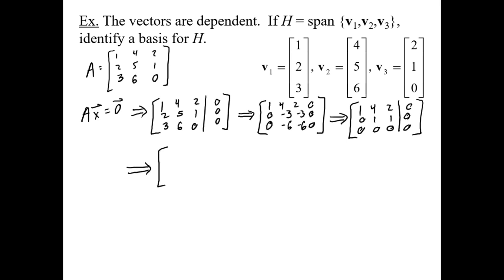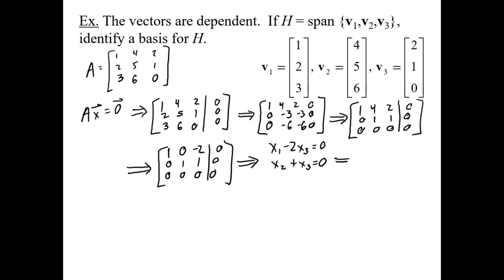And then finally, multiply the middle row by -4 and add to the top. So we get x1 minus 2x3 equals 0, x2 plus x3 equals 0. And so x1 equals 2x3, x2 equals -x3, and x3 equals x3.